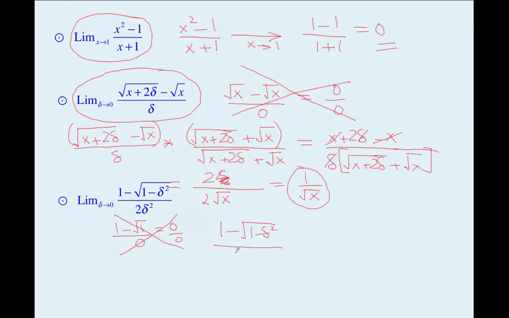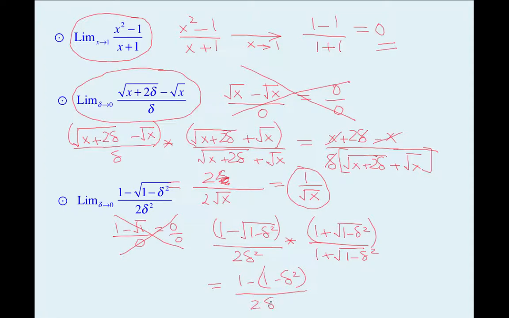Write the function exactly the way it is, multiply by 1, but 1 written this way: 1 plus... and you're now used to the fact that this is (a minus b) into (a plus b), and this is 1 minus delta squared over 2 delta squared.